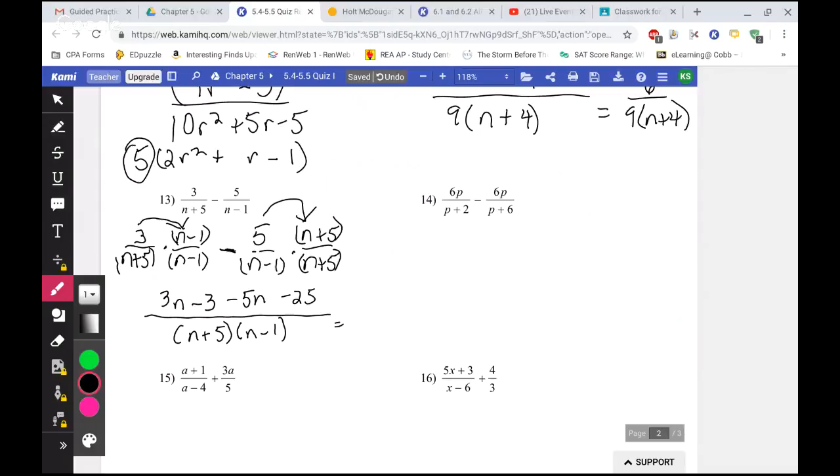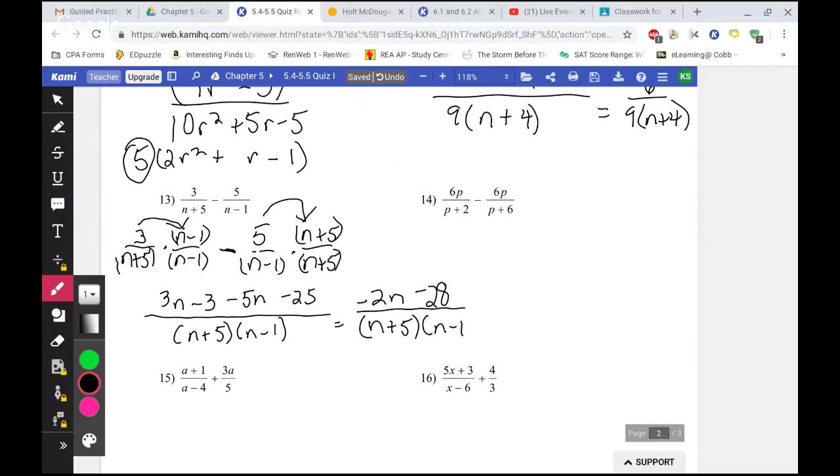We have 3n minus 5n, so that's going to be negative 2n. And then we have negative 3 combined with a negative 25, that's going to be negative 28, all over n plus 5, n minus 1.